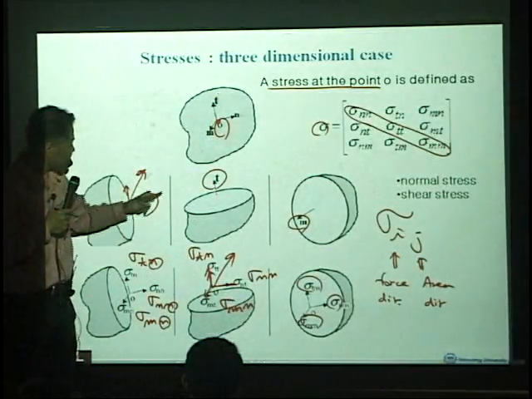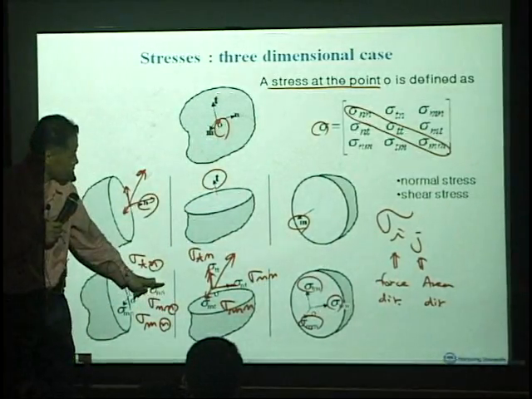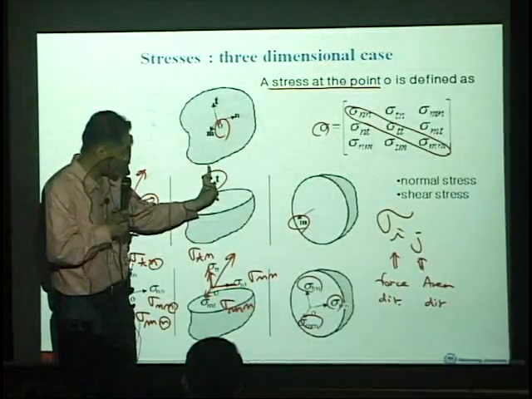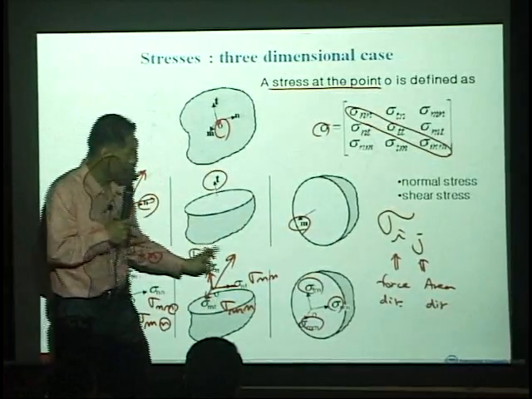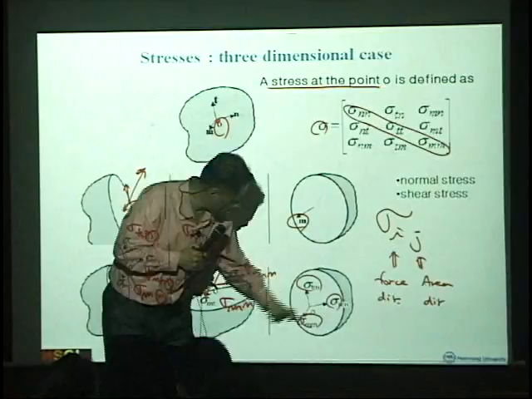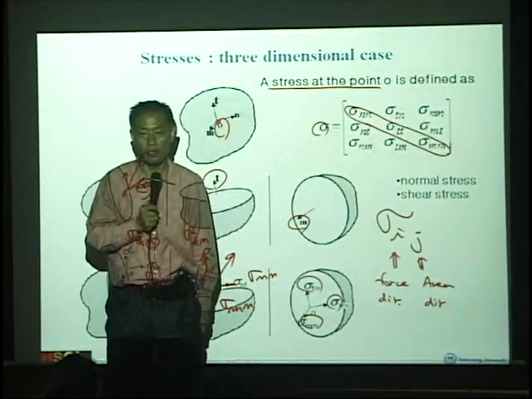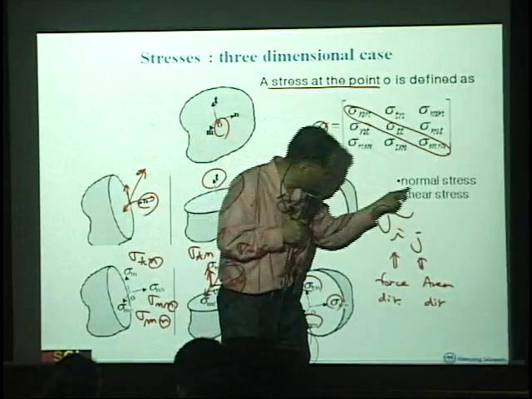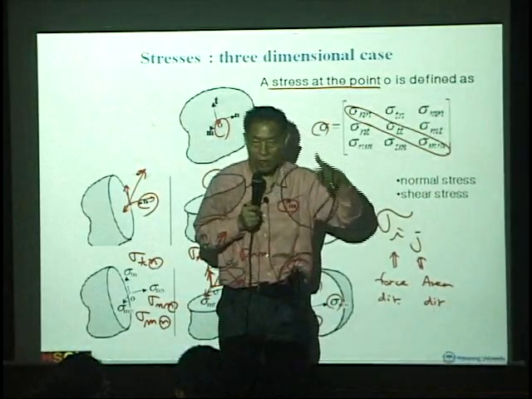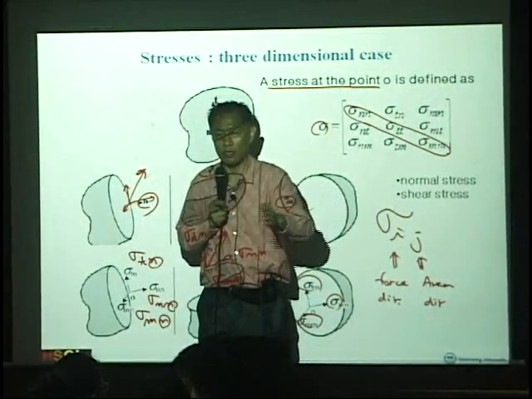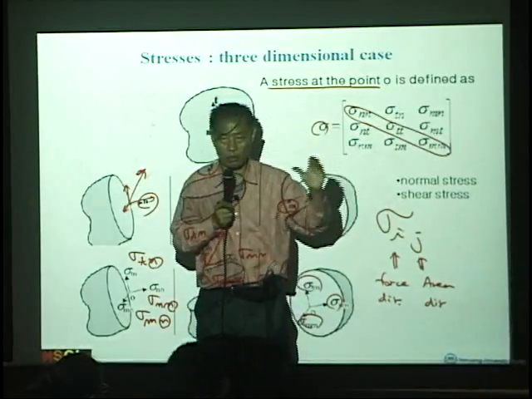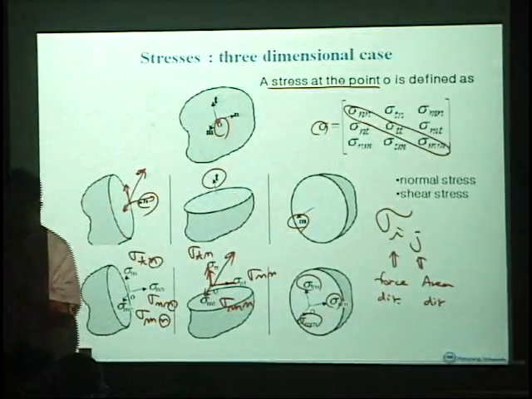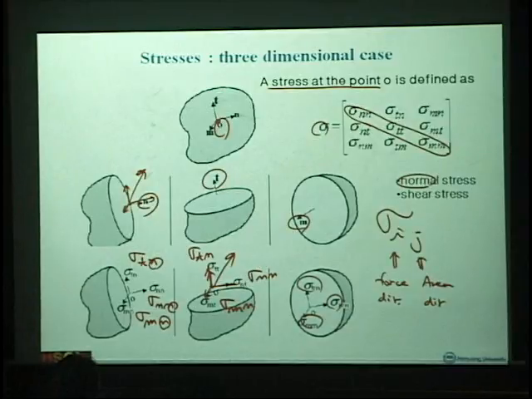This is the area direction, and this is the force direction. This is the area direction and force direction. It means that those three components are always normal to the cross-section.